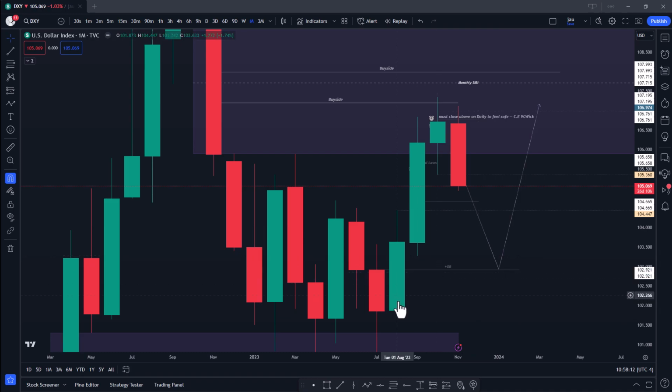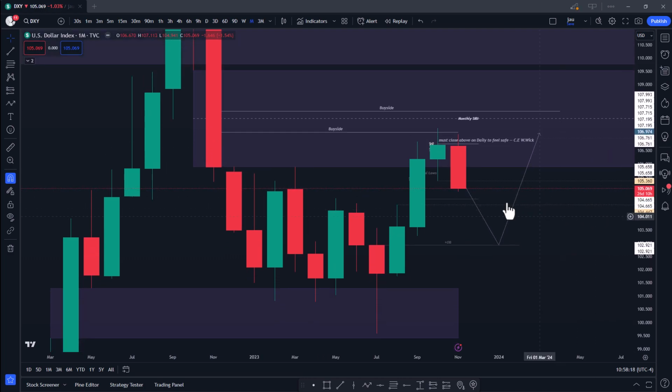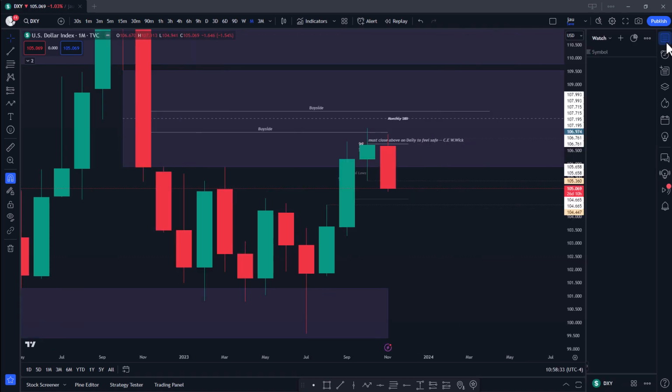So putting a stop loss here, not that I have a stop loss of such, I'm not going to be trading on a monthly chart, but this would be my invalidation point. Once we sweep these lows, not even a closure, just a sweep is enough for me to consider bearish prices from here on the dollar. So yeah, this is all I'm looking for on the dollar index.